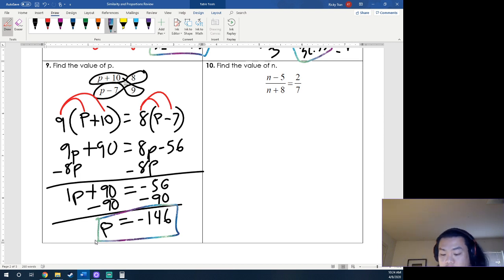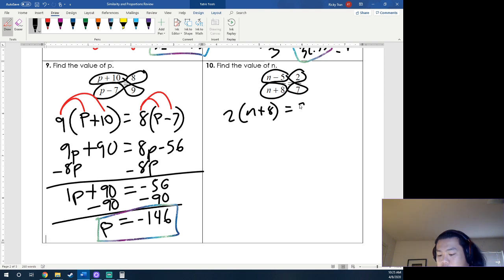All right, let's do number 10. We're going to cross multiply. All right, we have 2 times n plus 8, which is equal to 7 times n minus 5. Again, we have to distribute.